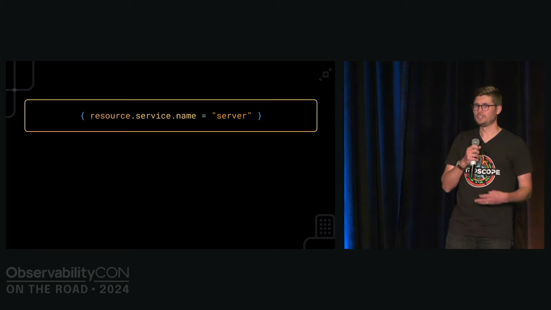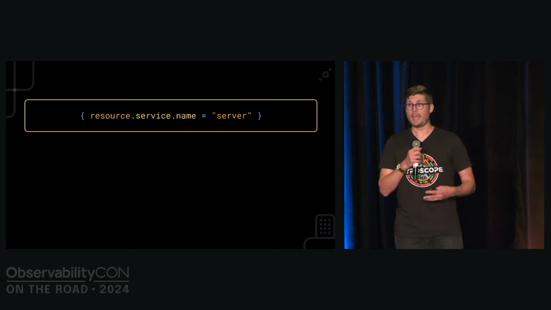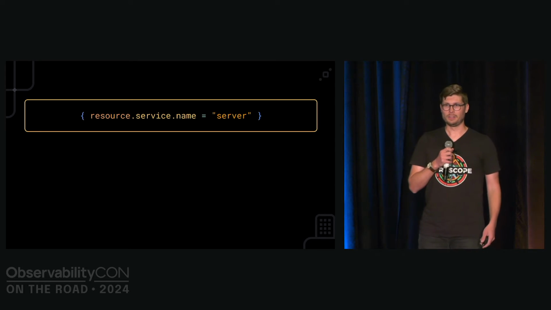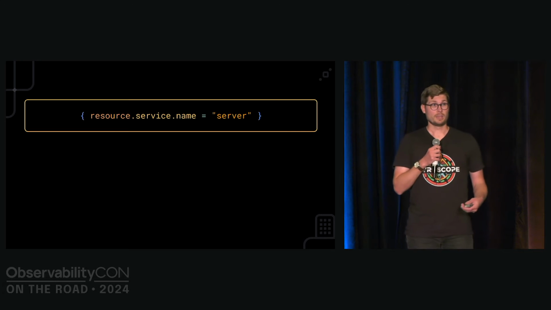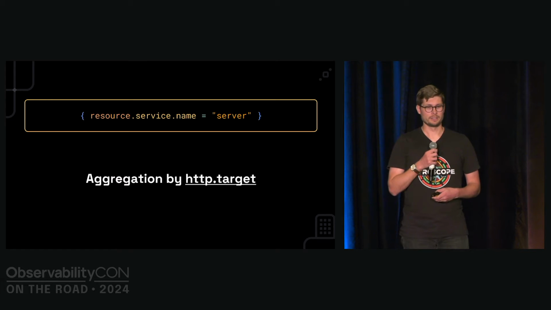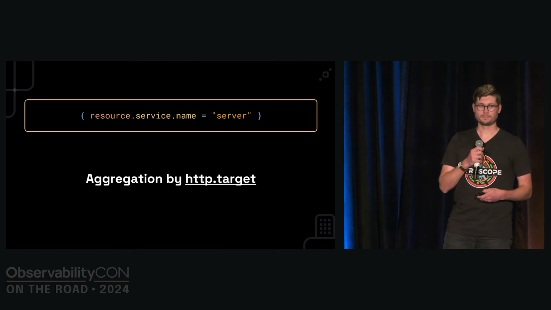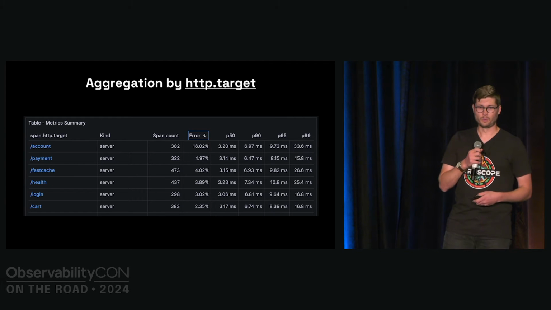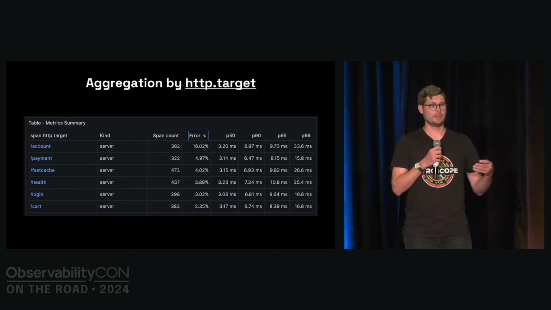I can leverage metric summaries, which allow me to aggregate by attributes that I suspect are relevant to the issue at hand. This service I know is an API that serves HTTP requests, so I might want to aggregate by the endpoints that this service provides. In this case, I'll aggregate by HTTP target. I run that query, and I get a nice table breakdown aggregated by endpoint.